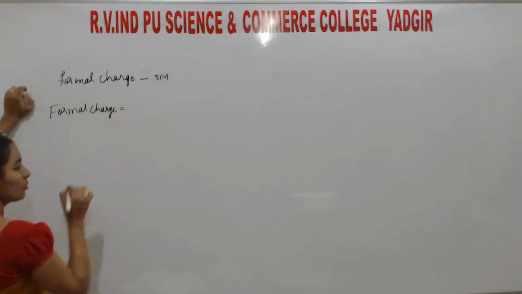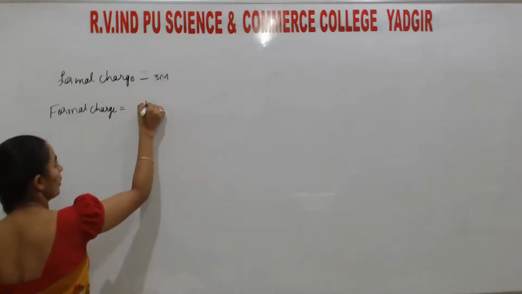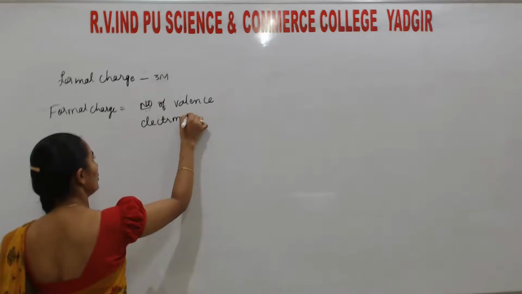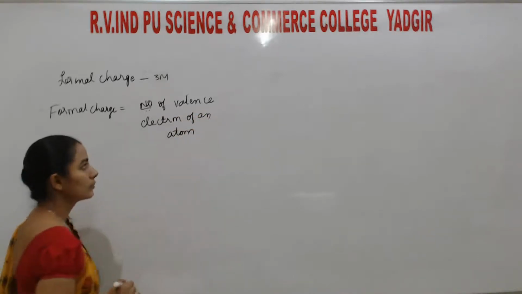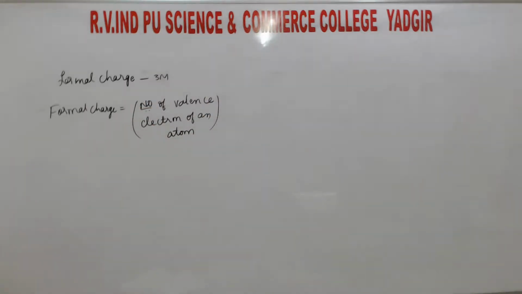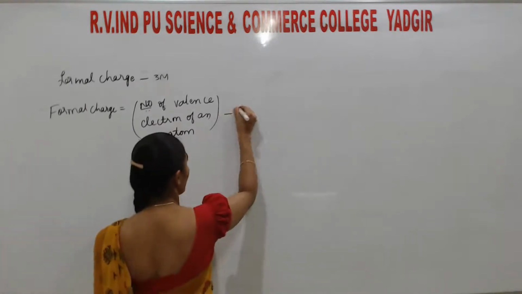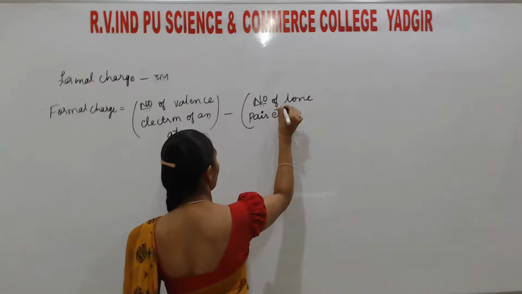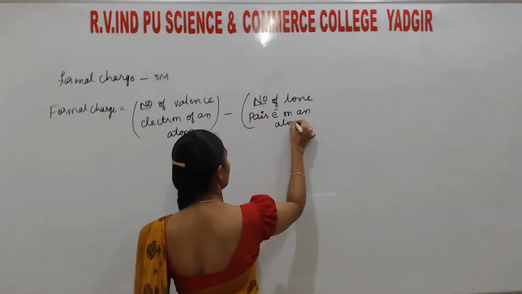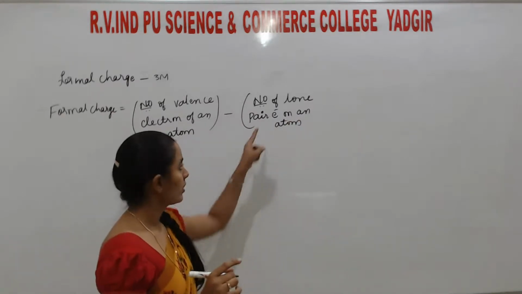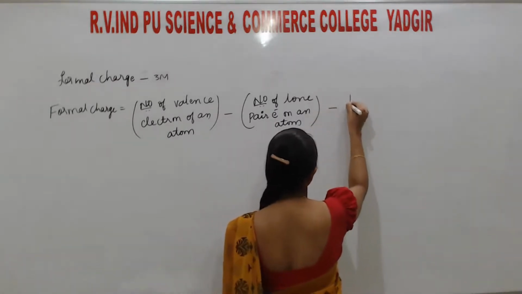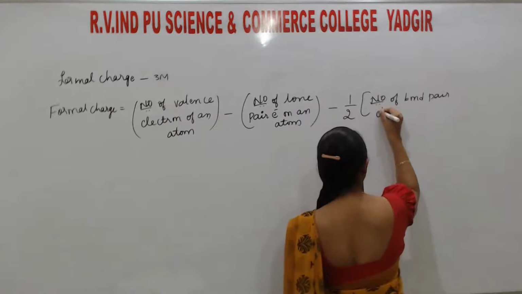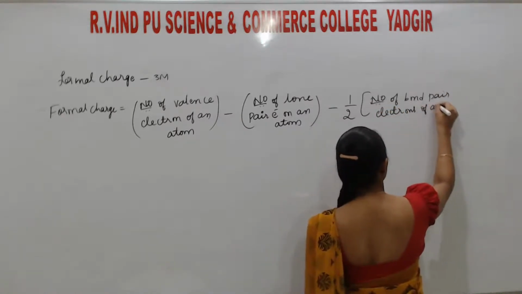Formal charge is equal to number of valence electrons of an atom minus number of lone pair electrons on an atom, not lone pair electrons, total electrons on an atom, minus half into number of bond pair electrons of an atom.